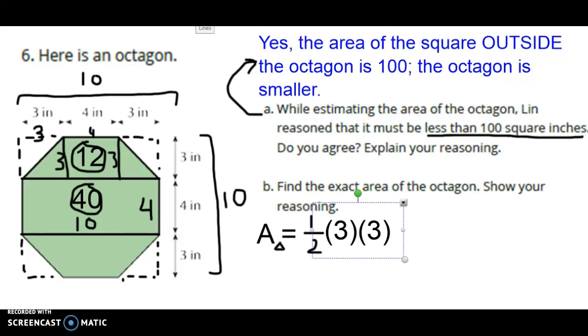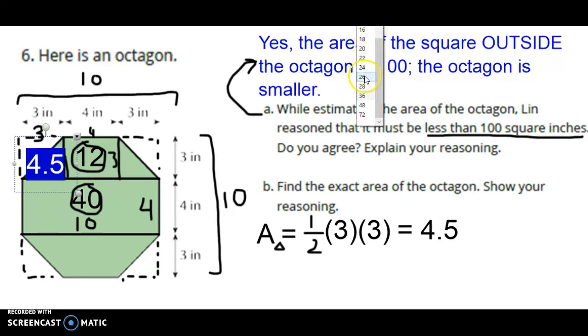9 is an odd number, so I can't really divide it by 2, which means I'm going to end up with either a decimal or a fraction here. 9 divided by 2 is 4.5. So the area of my small triangle, and again, I'm going to circle it, is 4.5. And that's going to be true for every small triangle in my shape.